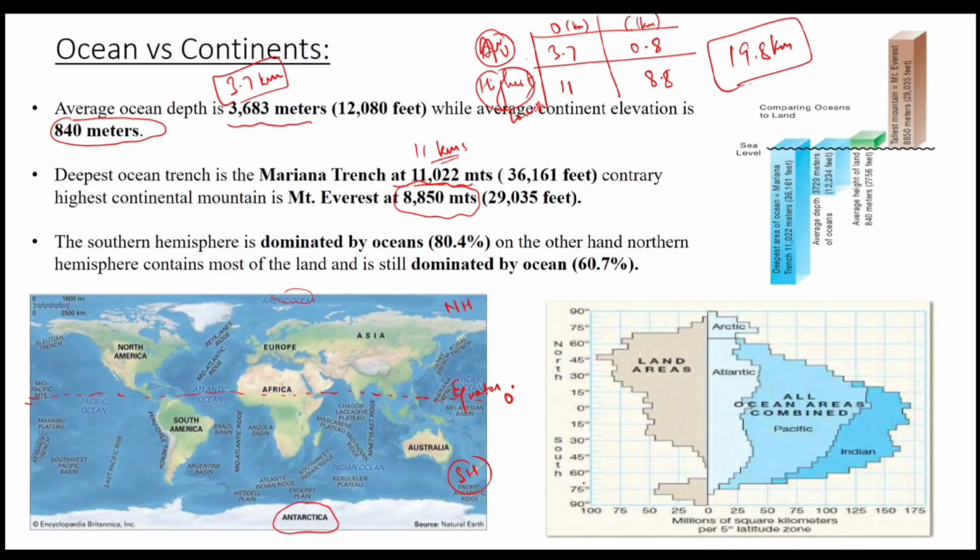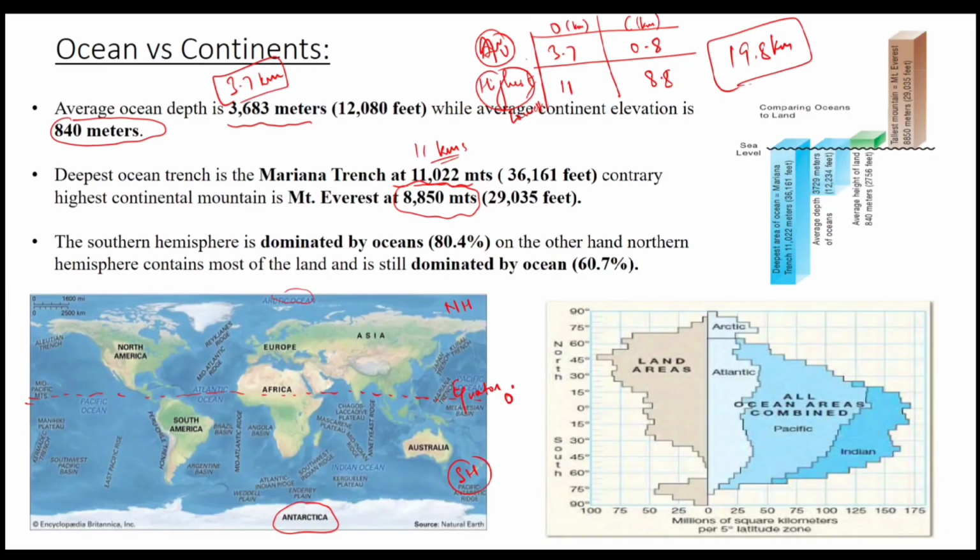In the southern hemisphere we have relatively less area covered by continents, but we have Antarctica on the southern pole. These are some of the facts that you should write.